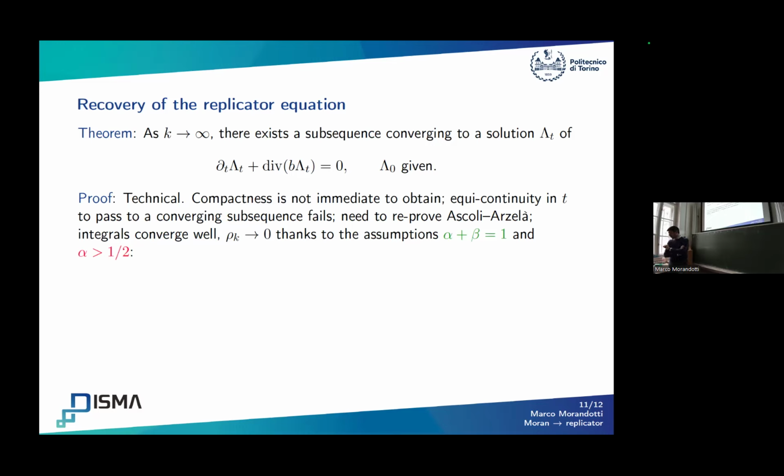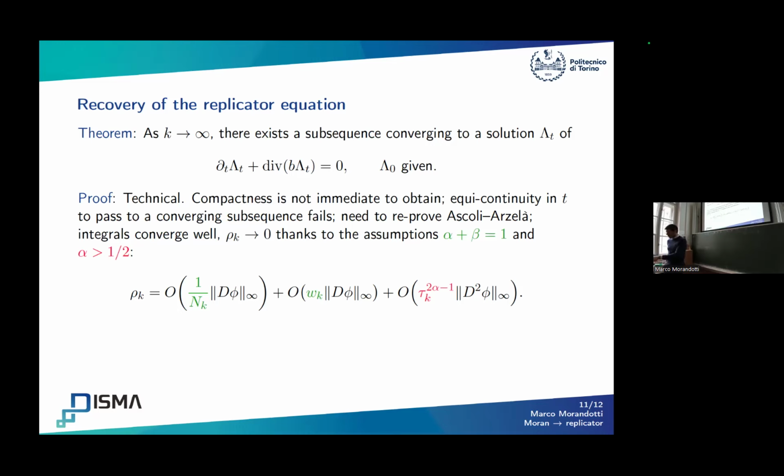On the contrary, if we reprove it just for our case, we get compactness. So it cannot be used just as it is, but it needs to be reconstructed, being careful about some particular estimates. With that, we get that the integrals will converge well, and rho k equals rho 0, thanks to this assumption there, because what's left after I use that alpha plus beta is equal to 1 and I even out the exponents of tau k is precisely this one.